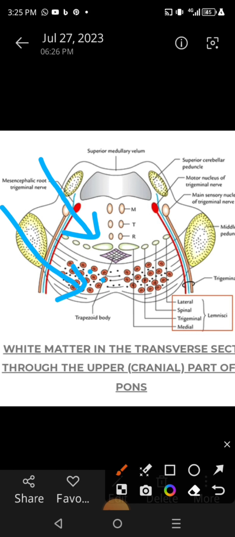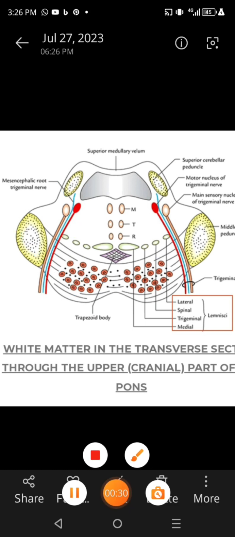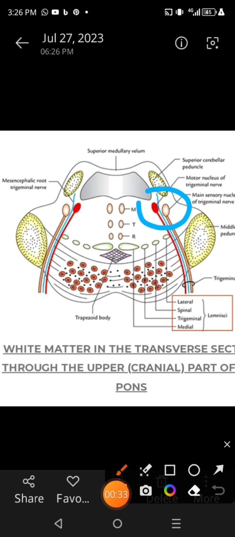In the basilar part, we observe so many neurons. These are of the pontine nuclei, right? Okay. And what about the tegmental part? The tegmental part is showing, let me mark, these are the nuclei of the trigeminal nerve, the motor nucleus and the main sensory nucleus.